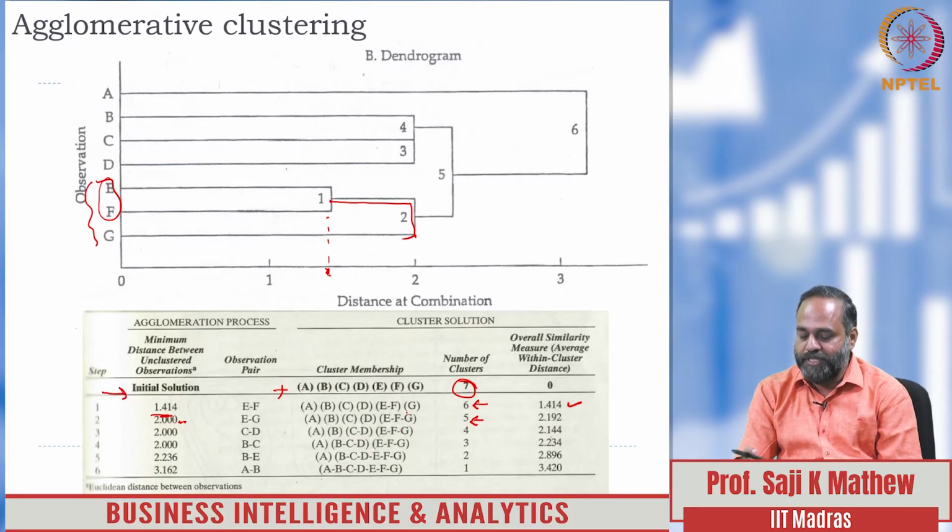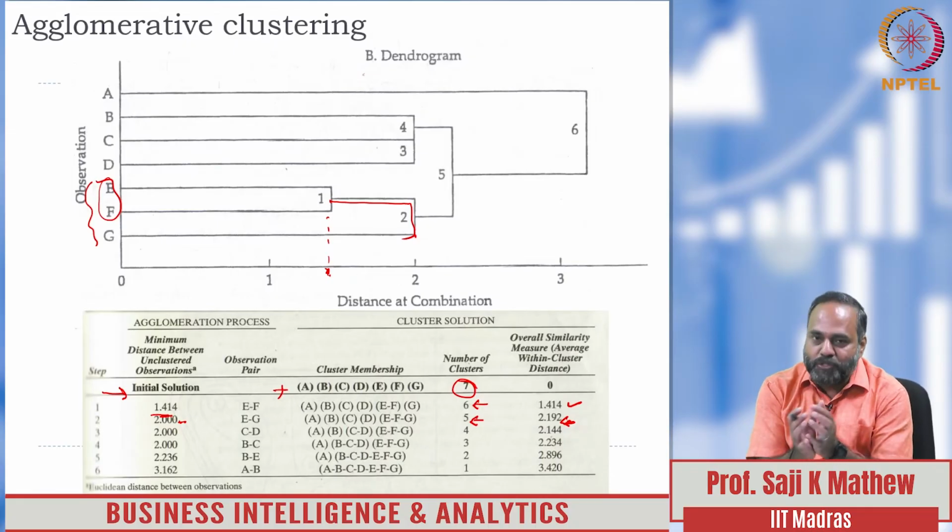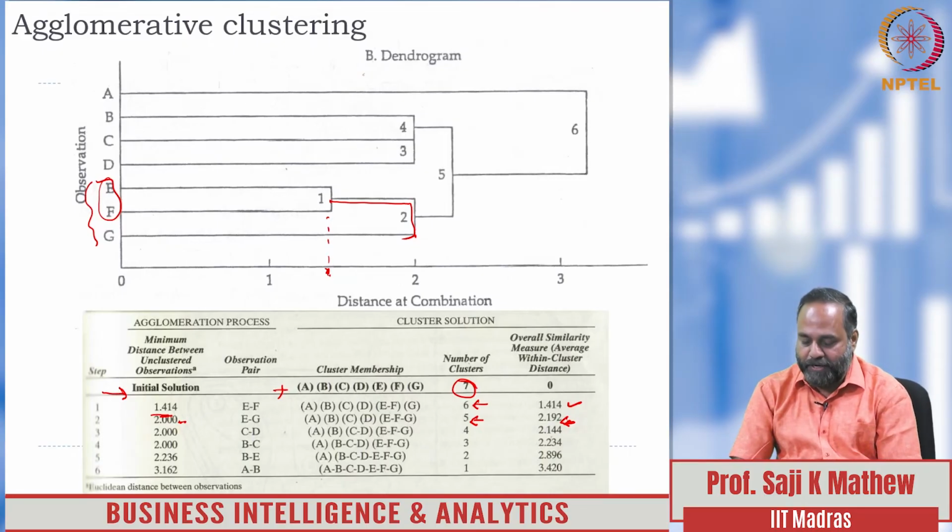The sum of the 3 distances, EF plus FG plus EG, divided by 3, gives the value 2.12. The average within cluster distance we are using as a measure to see how the cluster is building and how the error is actually increasing. Of course, when you put things together, they are not exactly matching, so there is some grouping that we have done, some measure of error.